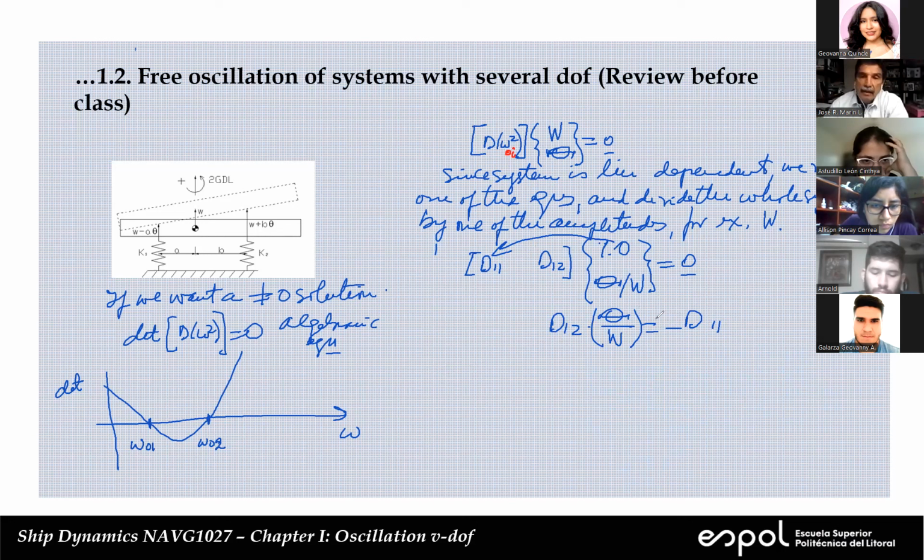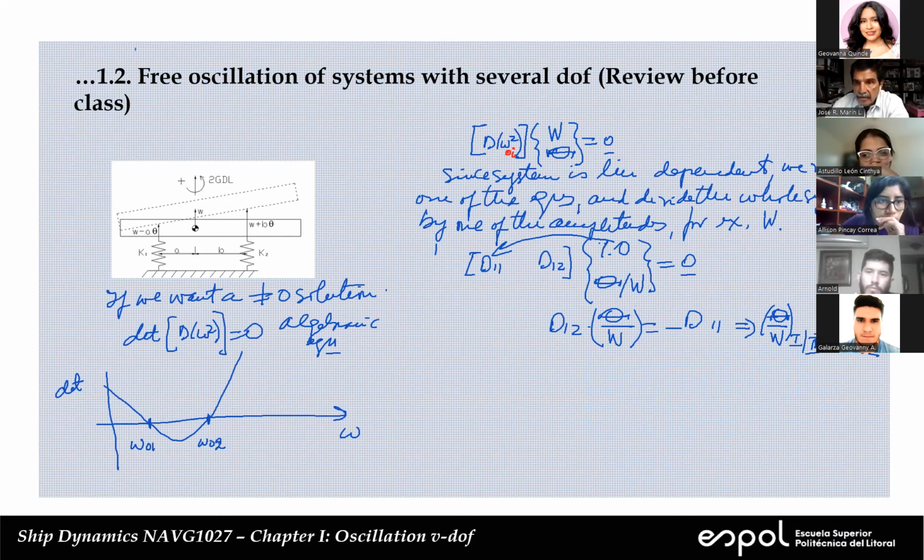The only thing that differentiates this is that there are two options. You can replace either this value or this one. If you replace this one, you obtain a ratio of these amplitudes. If you replace the other, you obtain a different value. So theta over W is equal to minus D11 divided by D12.